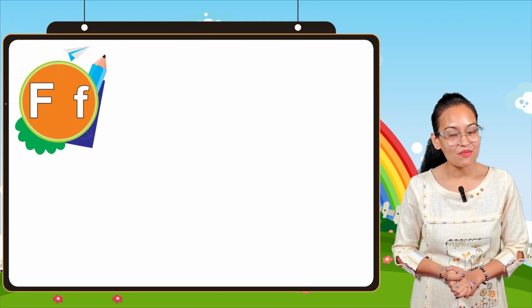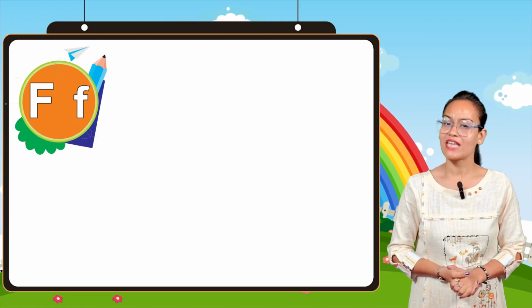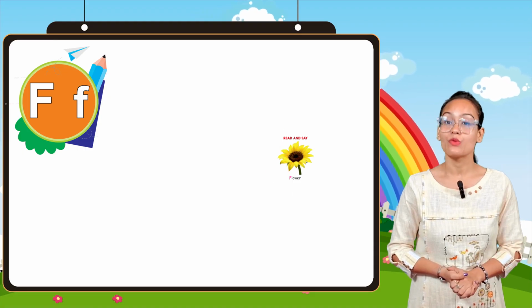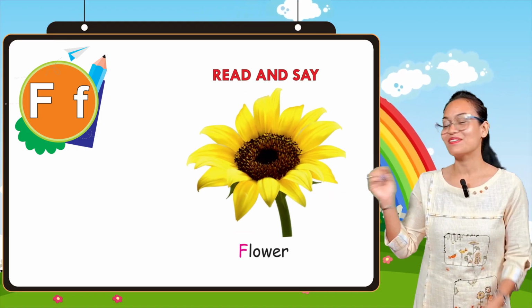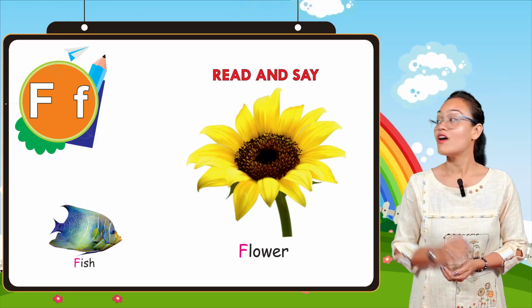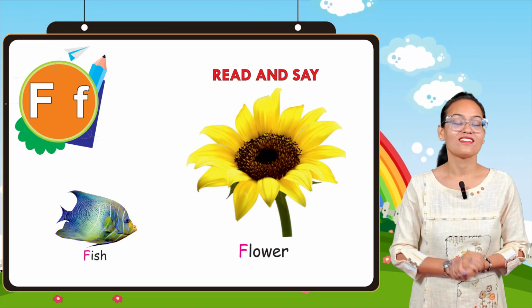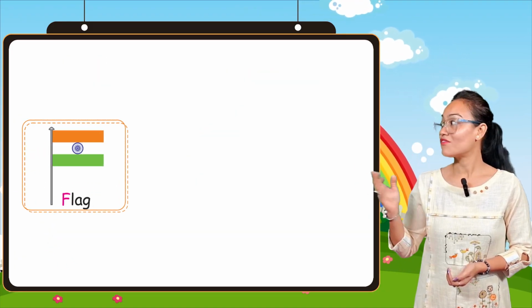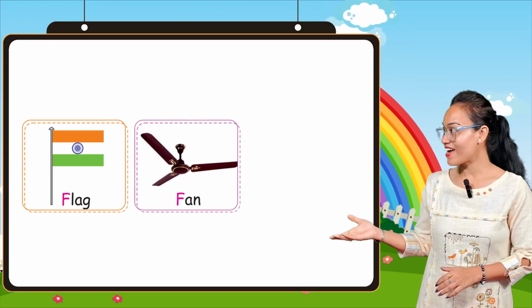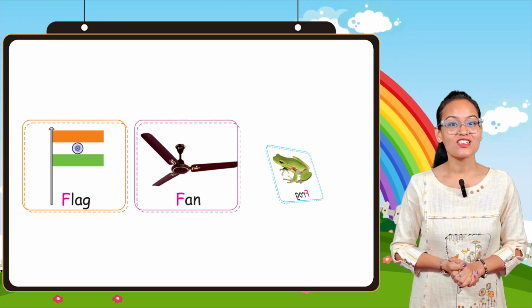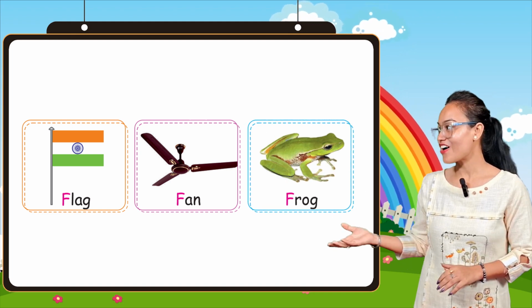Our next alphabet is F. Capital F, small f. Read and say: F for flower, F for fish, F for flag, F for fan, and F for frog.